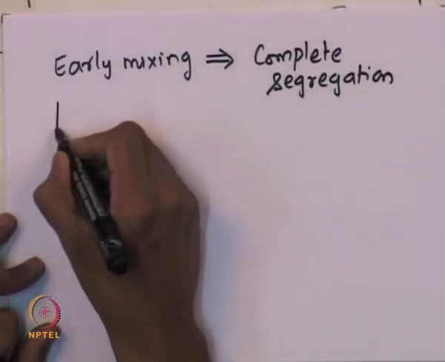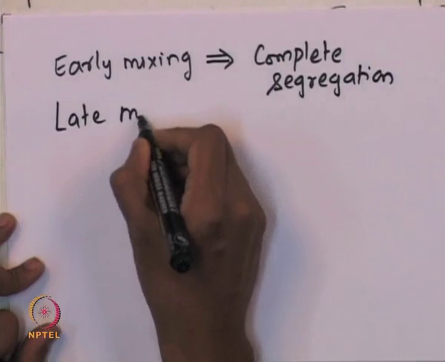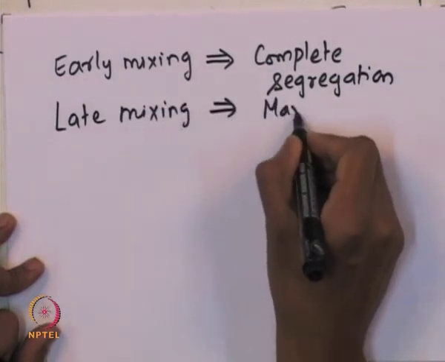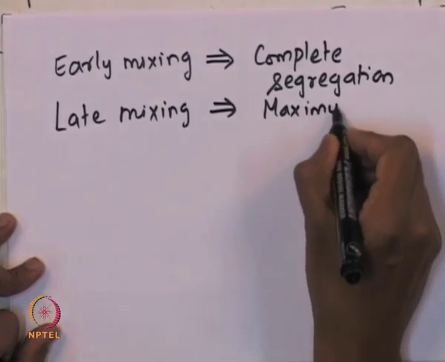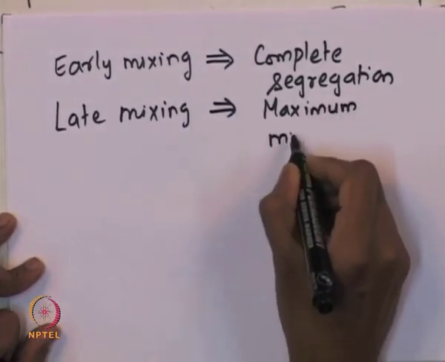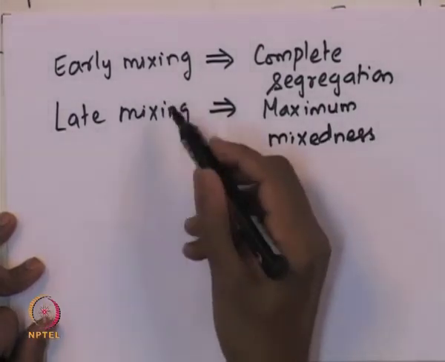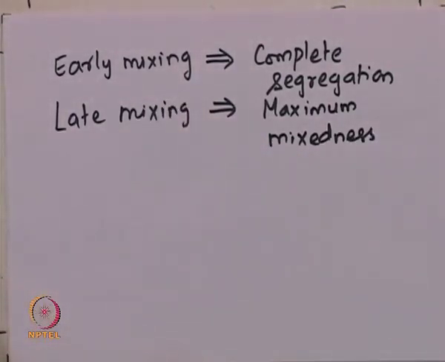While the late mixing, which is the other extreme, represents the maximum mixedness model. So, these two extremes essentially represent the two levels of mixing of the macrofluid globules that we defined in the last lecture.